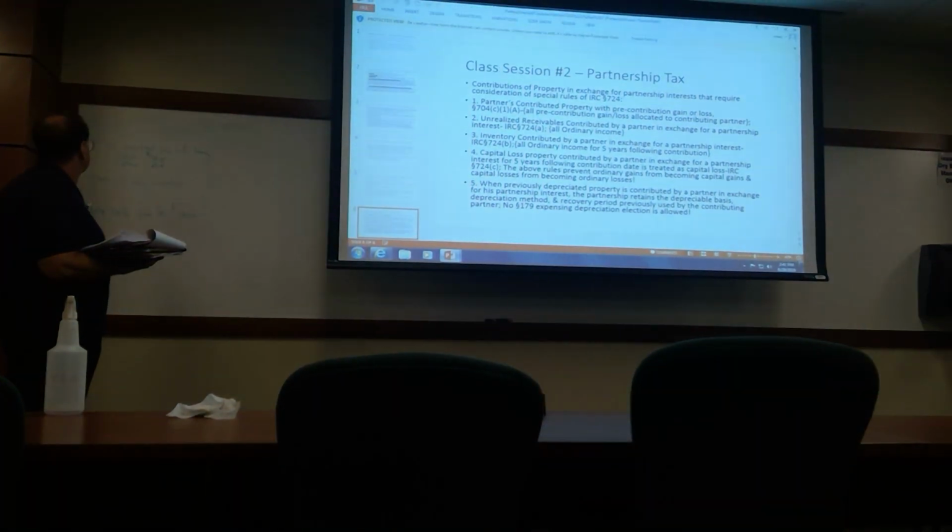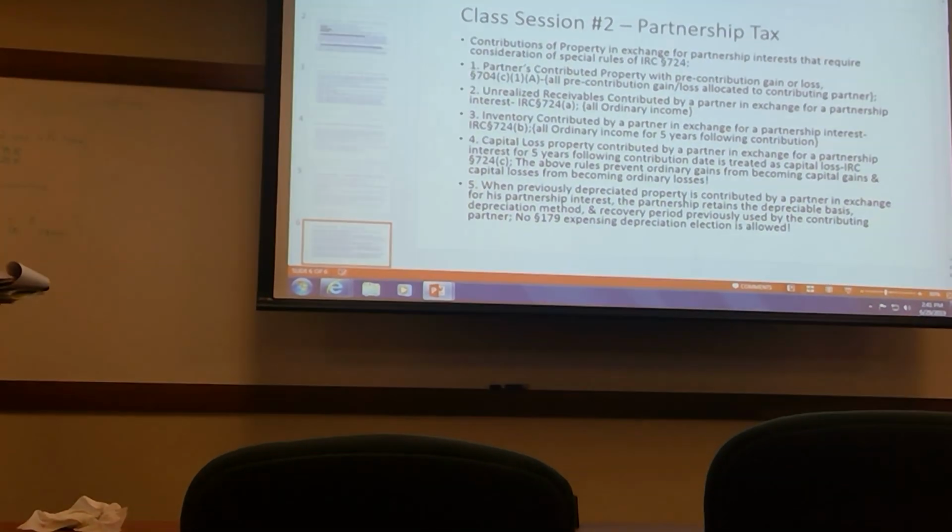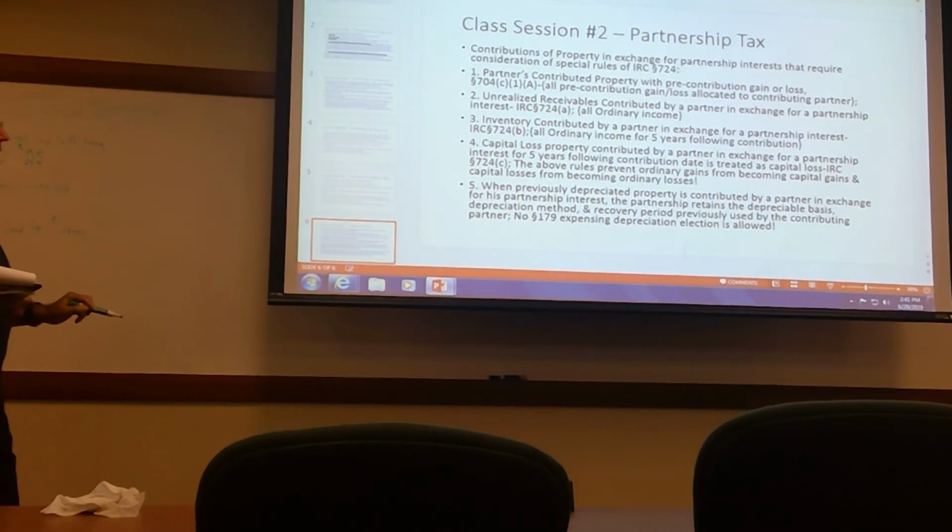Number 3. Why? But in order for that to apply, it needs to have been inventory in P's hands prior to the contribution. Inventory contributed by a partner in exchange for a partnership interest becomes inventory after the fact. First of all, does it have to be inventory in P's hands or inventory in the partnership's hands for 3 to apply?